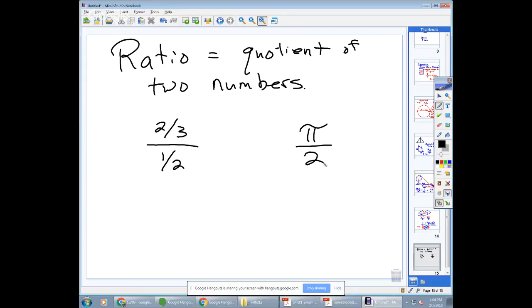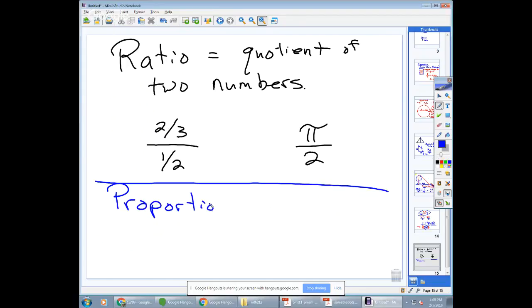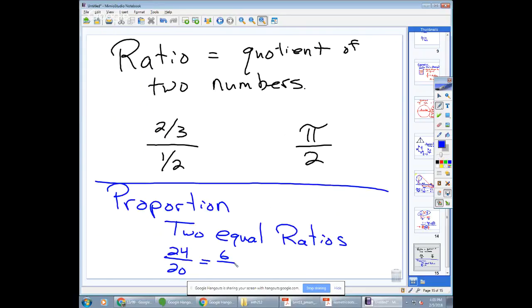The ratio, two numbers divided, usually those numbers have meanings. Another important idea here is the idea of a proportion. A proportion is two equal ratios. The example that we just saw, 24/20ths is the same thing as 6/5.